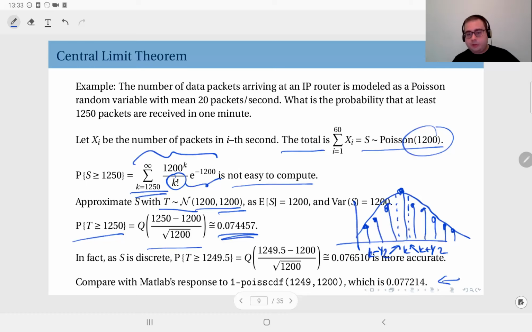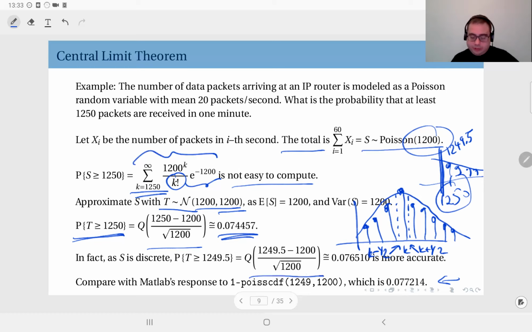The area under the Gaussian curve in this interval represents the probability that the original discrete distribution equals k. So T exceeding 1250 translates, in the Gaussian distribution, to a Gaussian curve where, to include 1250, I start my integration not from 1250 but from 1249.5 to include this lower limit.